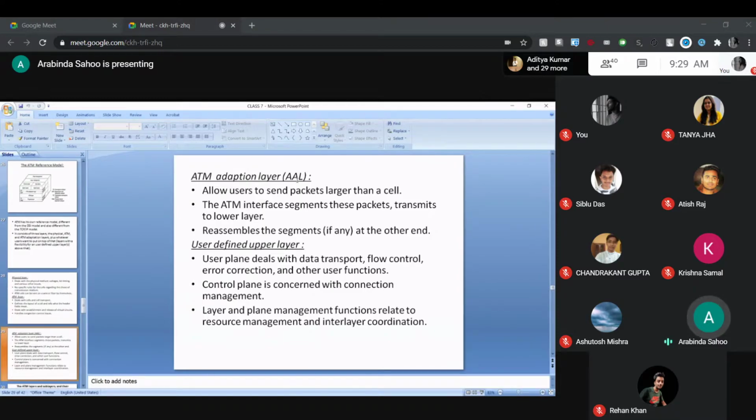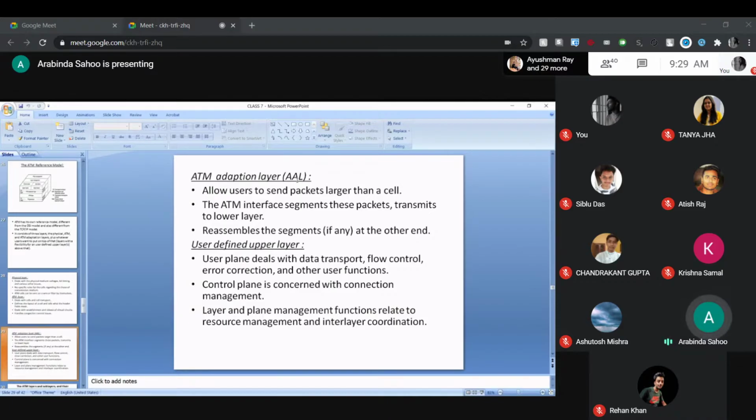So this is the role of your ATM adaptation layer: depending upon the application, it frames the cell and transmits it. At the receiving end, it reassembles all these cells to form the original packets, the original data.